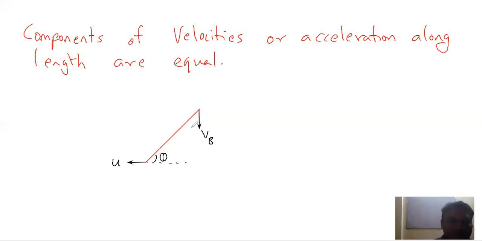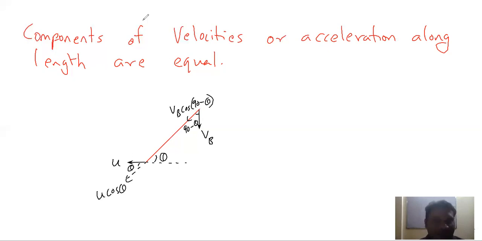Now, if I consider this angle as theta, because they are opposite angles, the component of u will be u cos theta. And if I consider this angle as 90 minus theta, by geometry we can easily prove this angle will be 90 minus theta. So the component of VB will be VB cos of 90 minus theta.